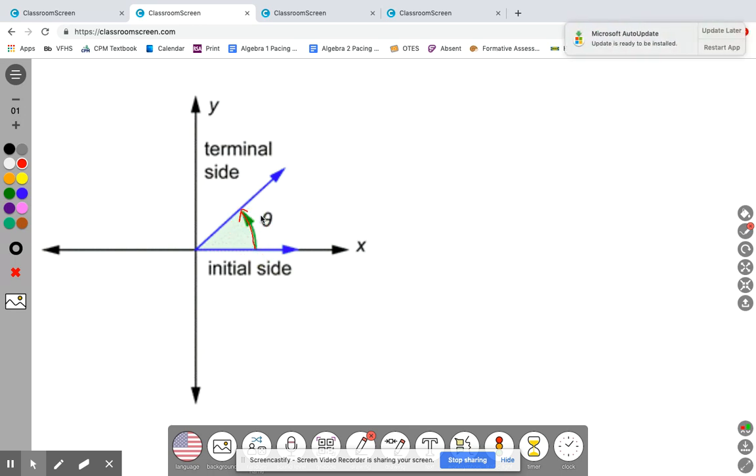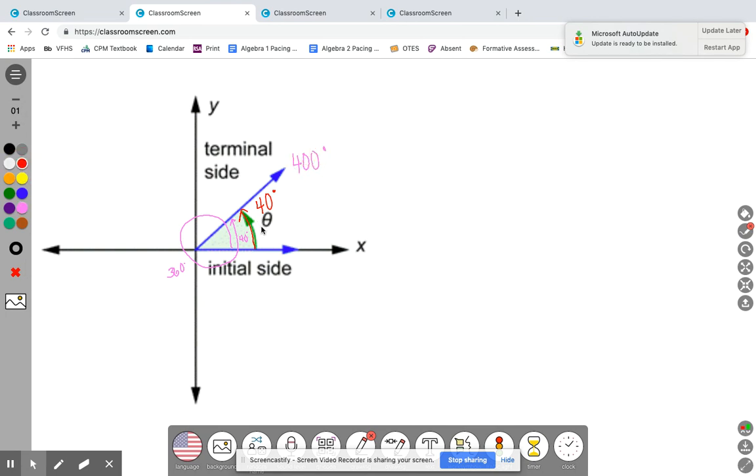So let's pretend a rough estimate of going from the initial side to the terminal side. We'll say that this one is about 40 degrees. If I decided to start at the initial side again and go a full 360 degrees and then keep rotating it 40 more degrees, I know that I would land back, 360 plus 40, at 400 degrees.